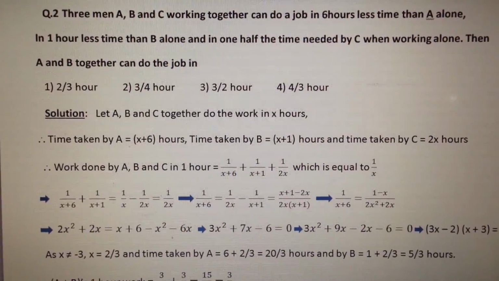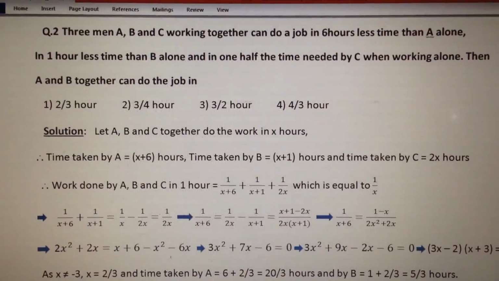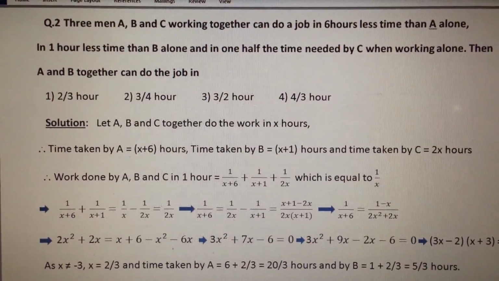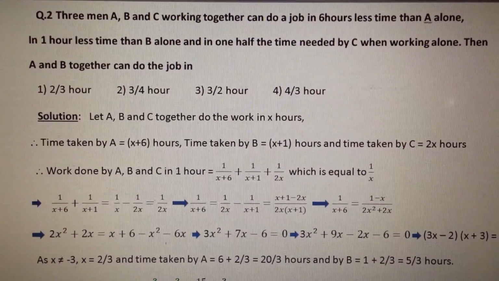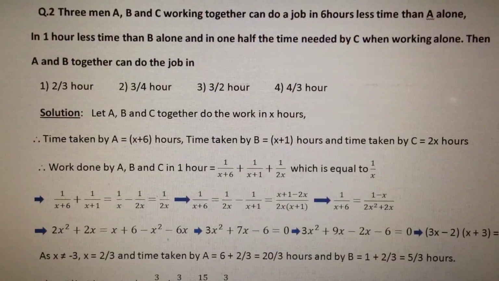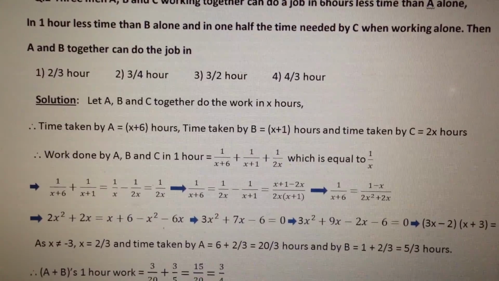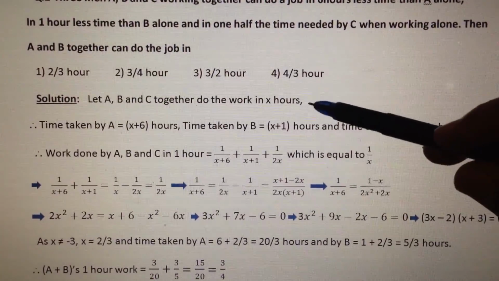Next question. 3 men A, B and C working together can do a job in 6 hours less time than A alone, in 1 hour less than B alone, and in 1/2 the time needed by C when working alone. Then A and B together can do the job in dash. Let us suppose that A, B and C together can do the work in X number of hours.